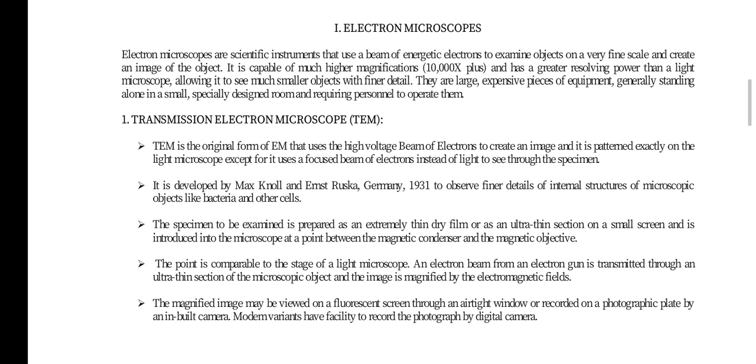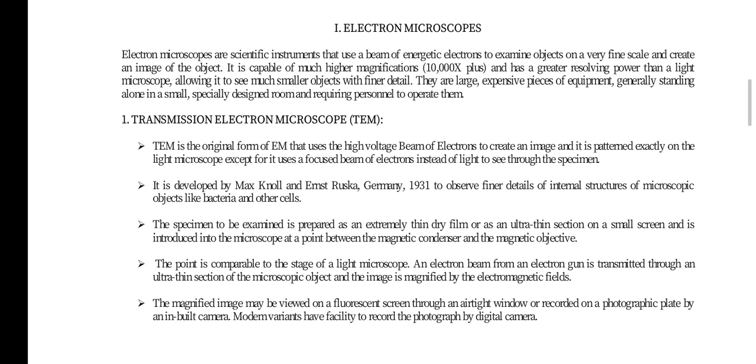The specimen to be examined is prepared as an extremely thin dry film or as an ultra thin section on a small screen and is introduced into the microscope at a point between the magnetic condenser and the magnetic objective.